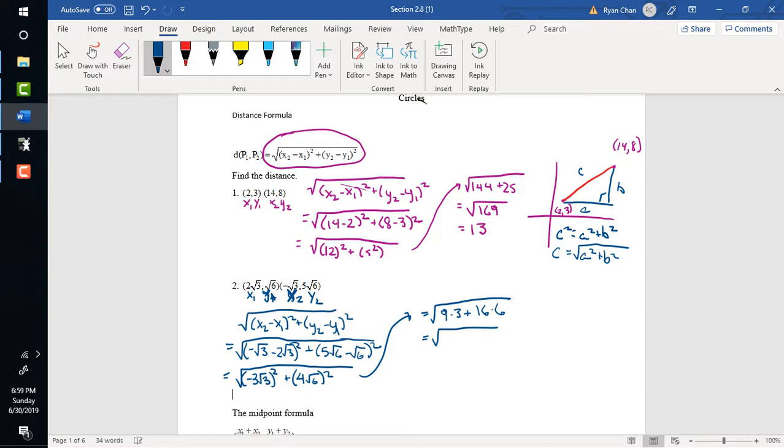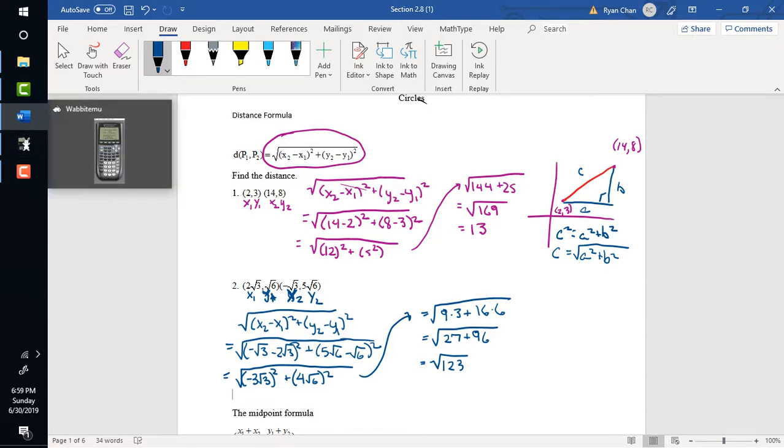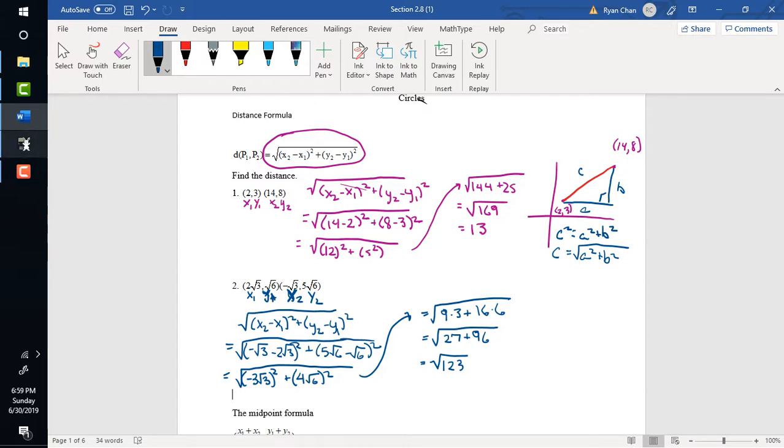So I have 27 plus 96, and that is the square root of 123. Let me just double check, yep. So yeah, 123. Okay.